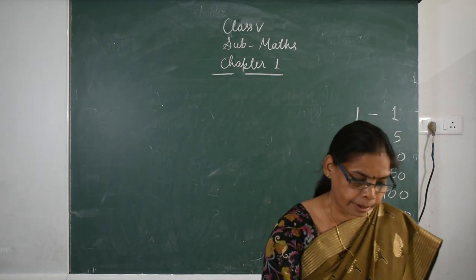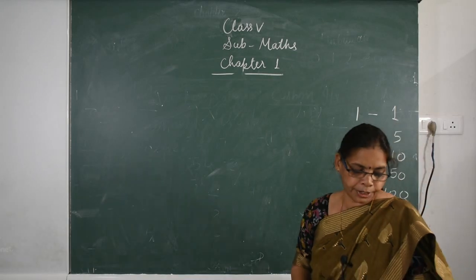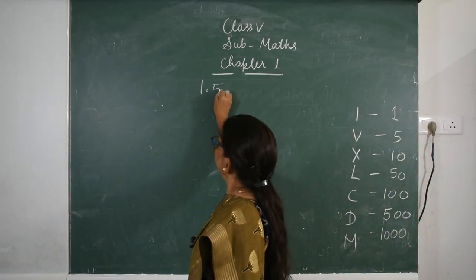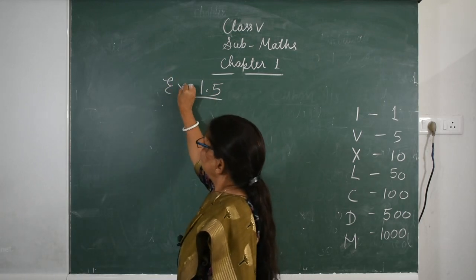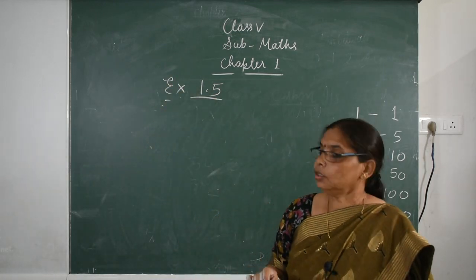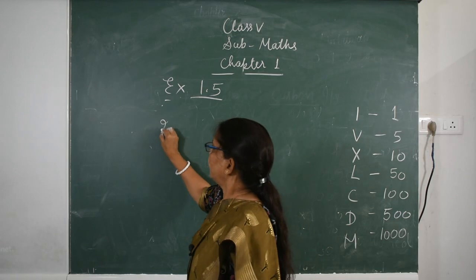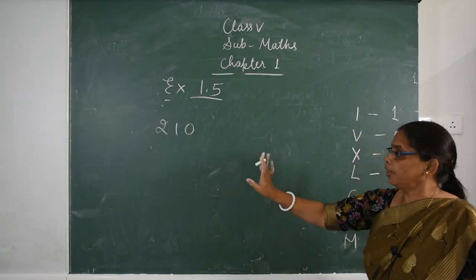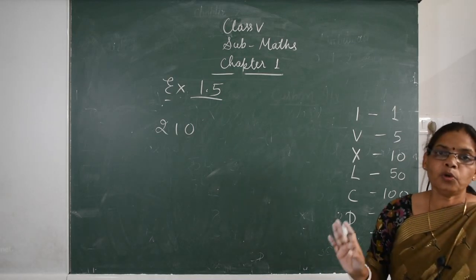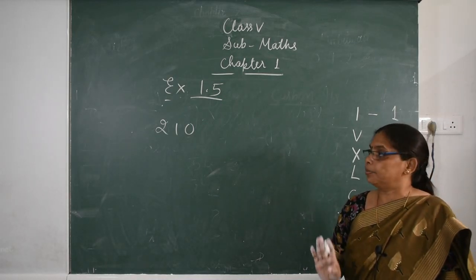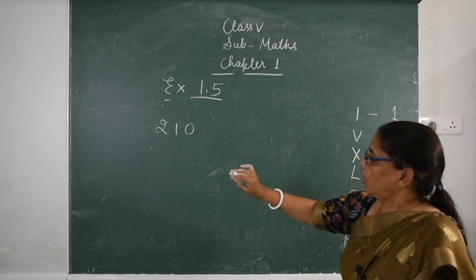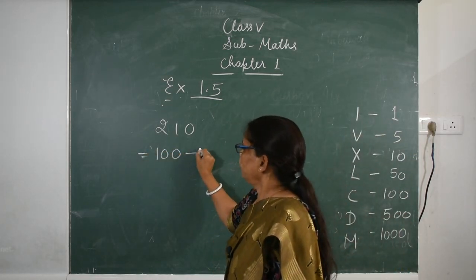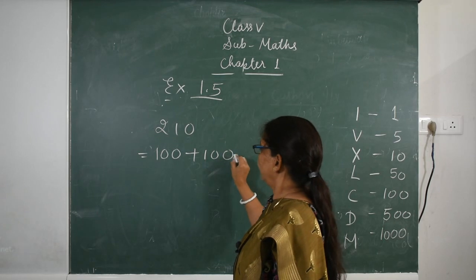So take another example from exercise number 1.5. Write in Hindu Arabic number 210. So listen, children, any number is not repeated more than 3 times. So first we expand it: 100 plus 100.